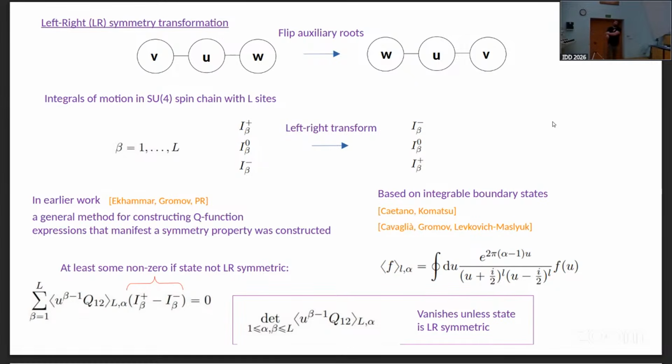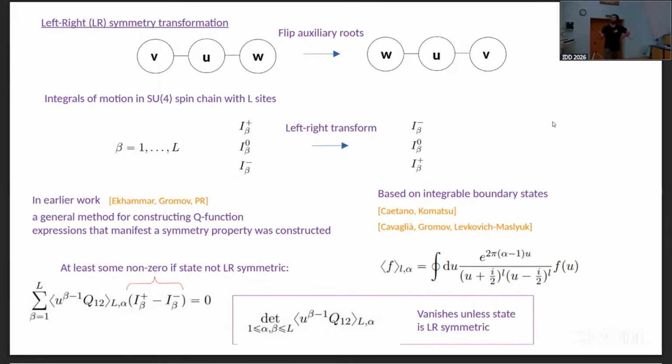What we ended up finding from this general method, if you turn the crank and go through this very constructive procedure, is a determinant of Q functions which is identically 0 unless this symmetry property is satisfied. When you go through this setup for this transformation, you find that this L by L determinant built from this Q12 vanishes identically if the state is not left-right symmetric.